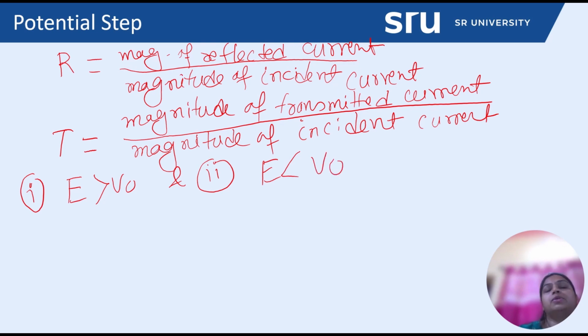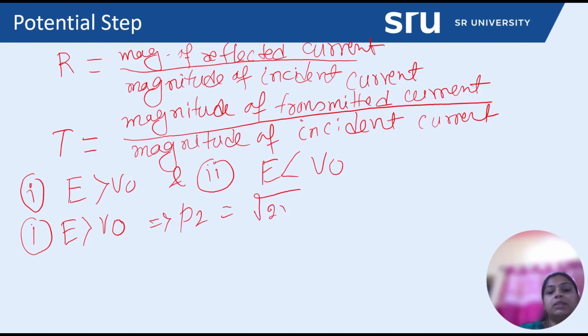So if we consider case 1, that E is greater than or equal to V naught, then when our energy is greater than the potential V naught, we can write P2 is equal to the square root of twice m (E minus V naught). So this will be a real value.